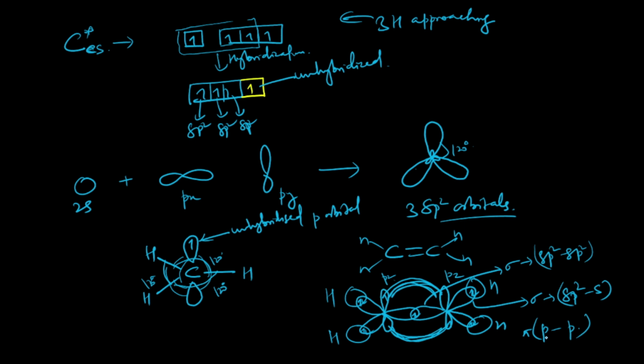So like that, they may ask you to draw the molecular structure, one example of sp2 hybridization. Molecular level drawing or structure they may ask you, then you have to answer based on this.